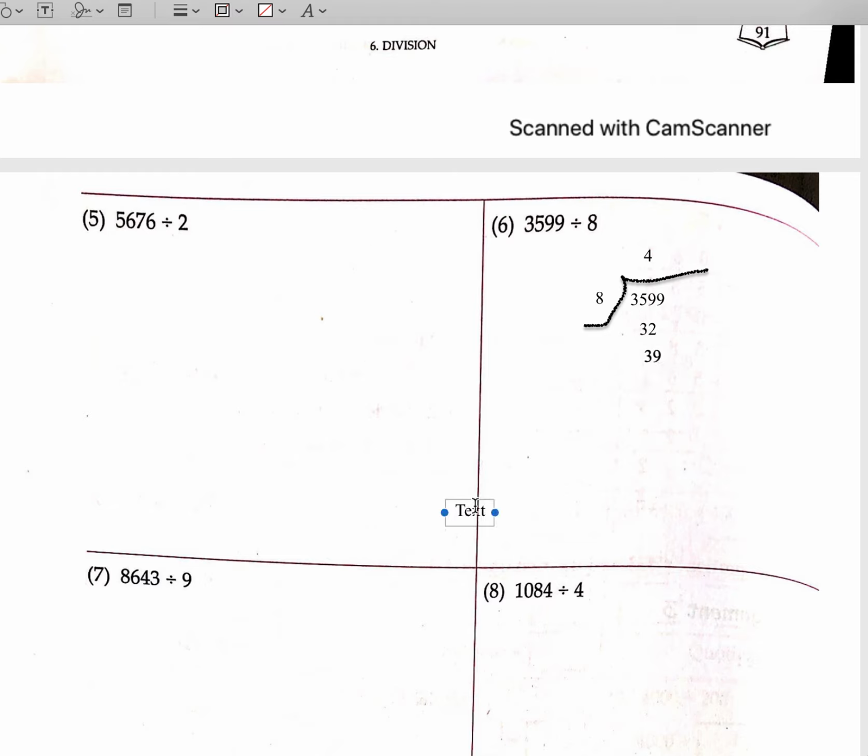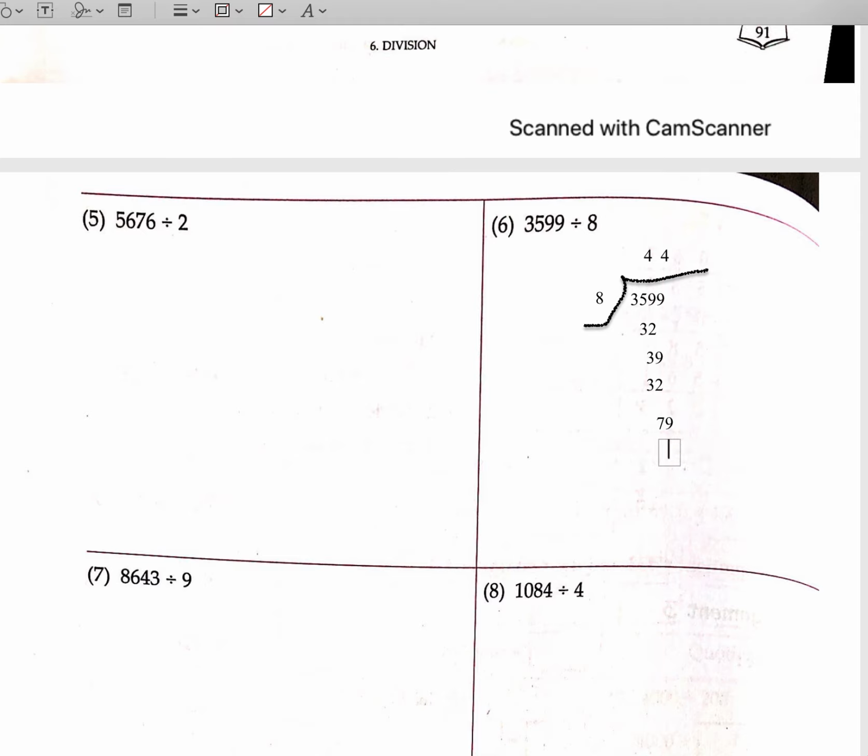Now again, the answer would be 4, because 8 5s are 40, which is bigger than 39. So 5. Now we will do 39 minus 32, which will be equal to 7. Then we'll bring down the last digit, which is 9, and then the last number of the quotient would be 9, because 8 into 9 is equal to 72.